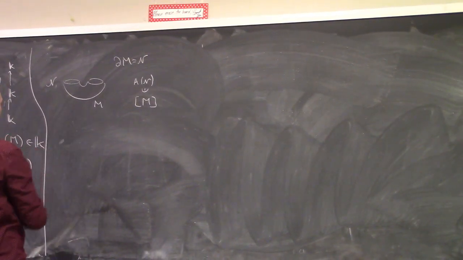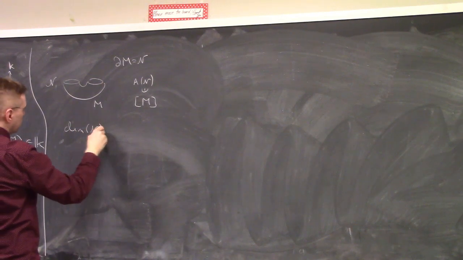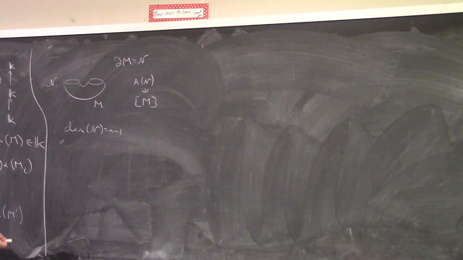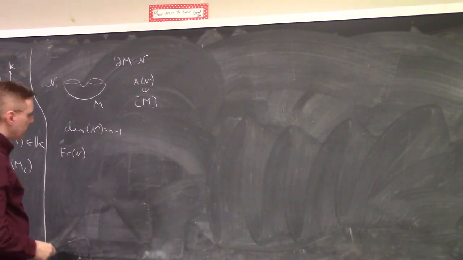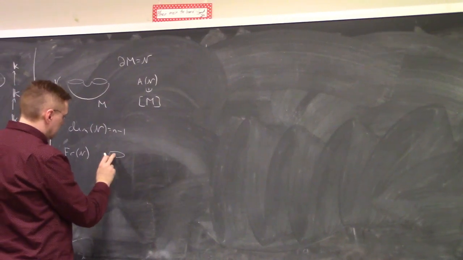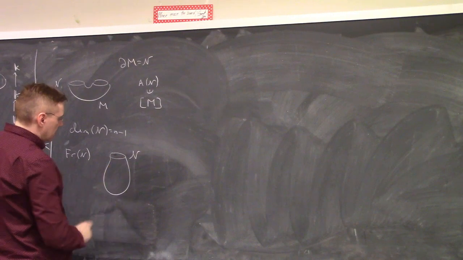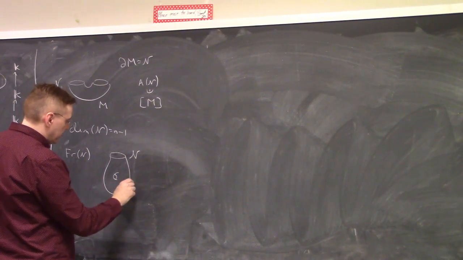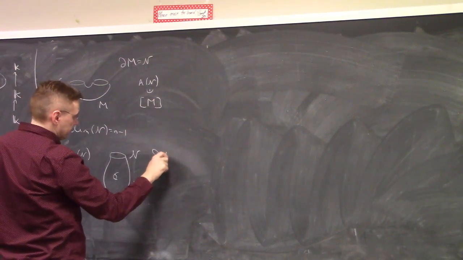For each n, the dimension of n is n-1. Let us first look at a very large vector space, which I'm going to call F of n. This vector space has a basis of objects which are the following. Choose a manifold M such that the boundary of M is n, as here.